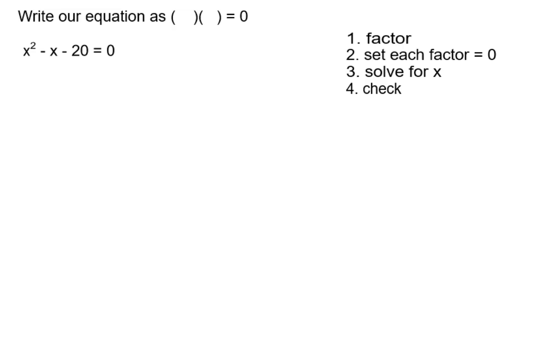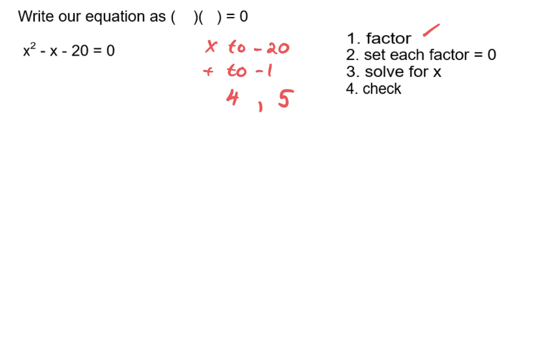Our quadratic equation here is x squared minus x minus 20 equals 0. And we want to do the same things. Our first step is going to be we want to factor this. So we are looking for two numbers that are going to multiply to negative 20, and they're going to add to negative 1. These two numbers are going to be 4 and 5. 4 and 5 definitely multiply to 20.